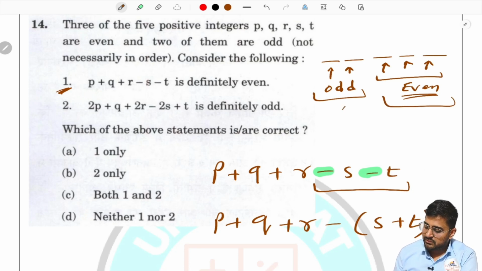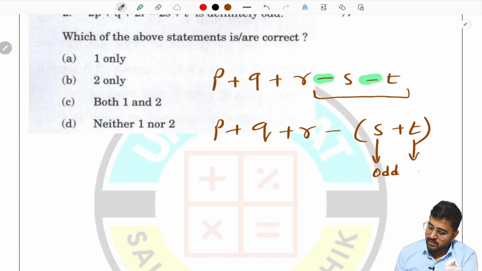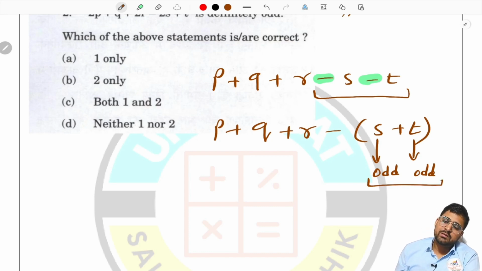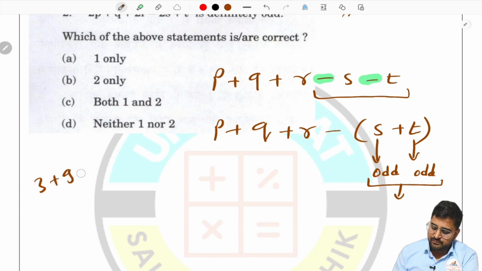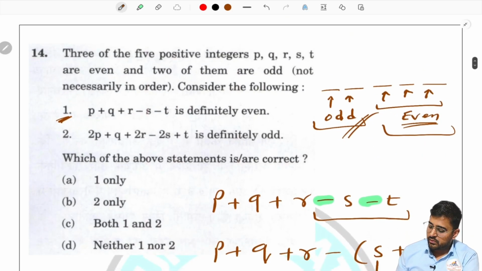The problem comes when we put the value of odd. Let's put the odd only. For example, I put an odd value here and again odd here. Odd plus odd always gives us even. For example, 7 plus 3 gives you 10, and 3 plus 9 gives you 12. So the result will be even. Now you have used both the odds.